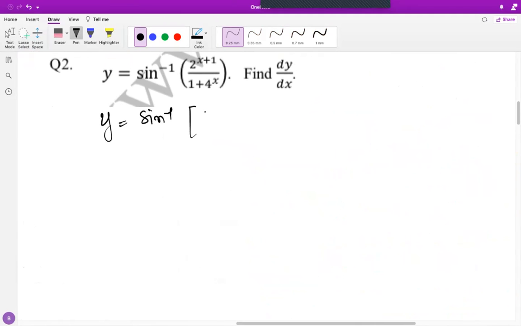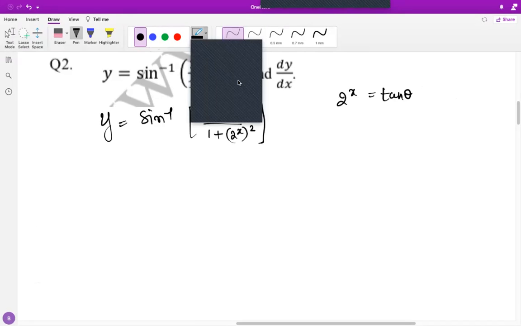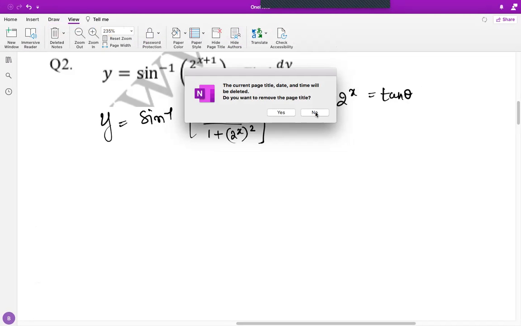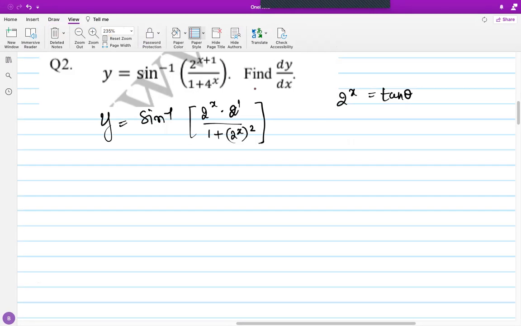Sine inverse of 2 to the power x plus 1. I can change it as 2 to the power x, 2 to the power 1, divided by 1 plus (2 to the power x) the whole square. I'm trying to get it into a good format. Now I can take 2 to the power x as tan theta.